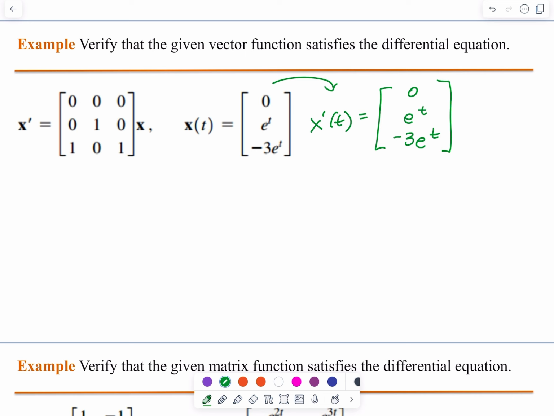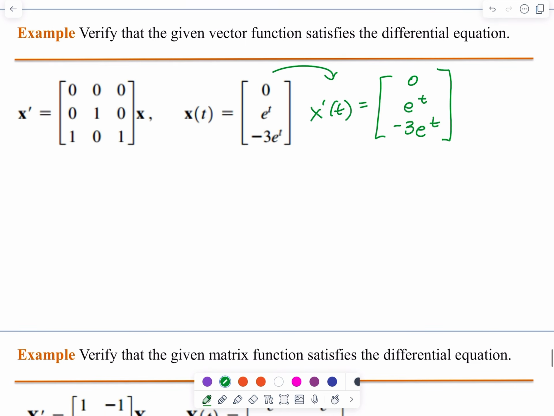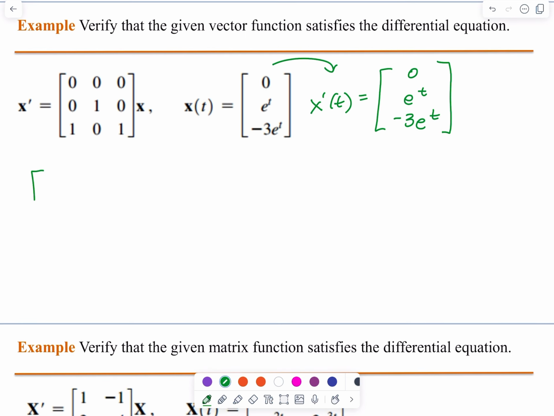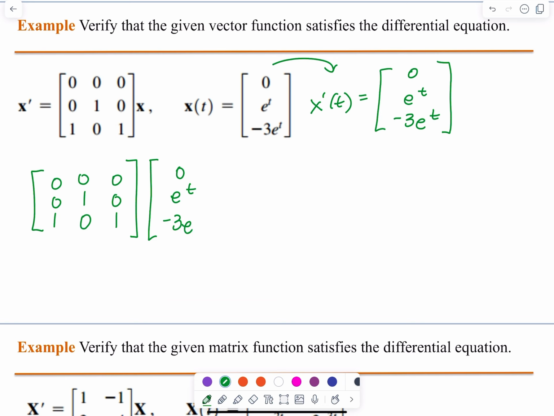Now, on the other hand, if we have this matrix multiplied by x, we're going to take this row and multiply it by this column, adding each entry together.